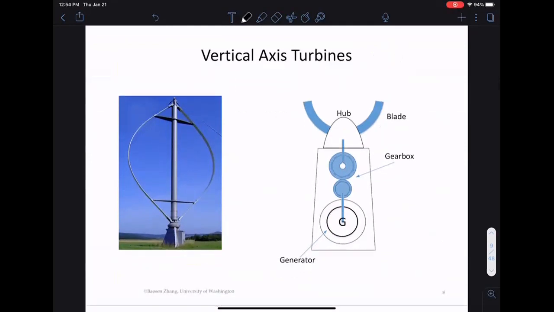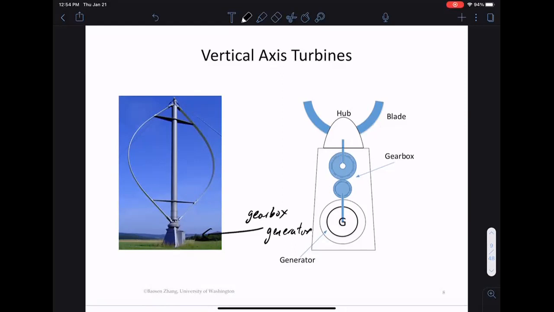The blade structure is on top, and you have a gearbox and a generator at the bottom, at the base of the tower. Everything above is the spinning blades that capture wind power. They're getting somewhat more popular.